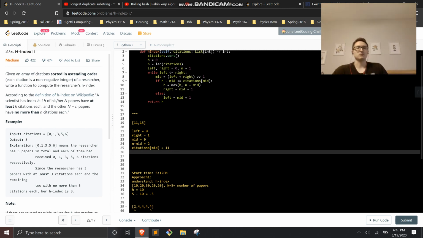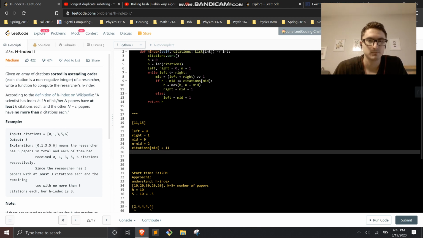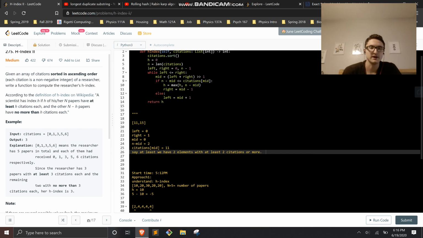So in this case, that 11 is way greater than 2. So we can say we have at least 2 elements with at least 2 citations or more, because we know that all the next elements after the 11 are going to have more citations.